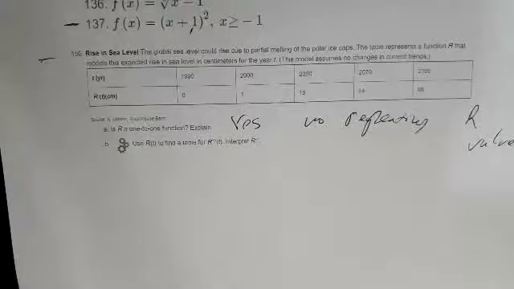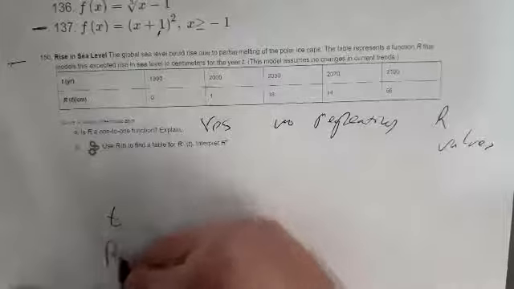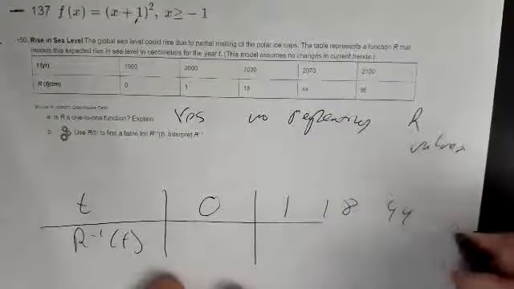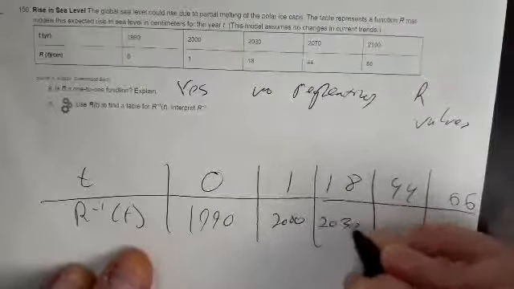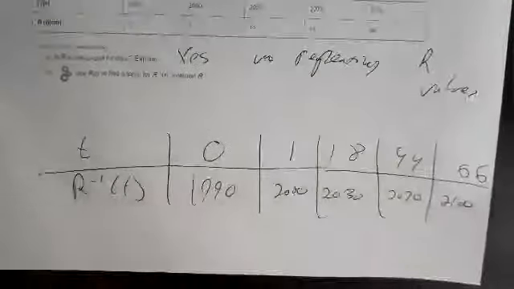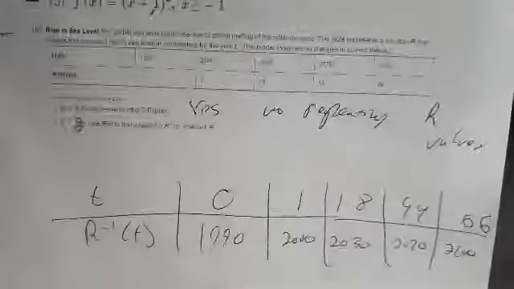Use R of T to find the table of R inverse of T. But all we're doing is flipping it, so it should be 0. And so what does this do?